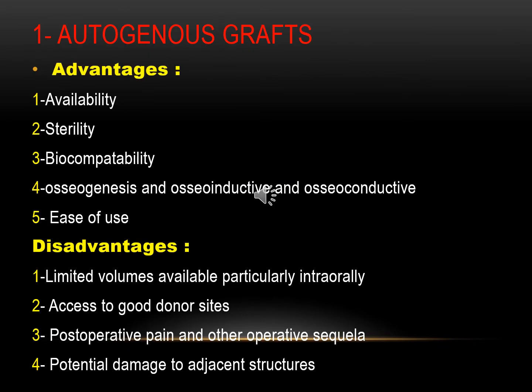What are the autogenous graft advantages? First, availability. Your body is available for your body. It's always available for your bony defect. Two, sterile.